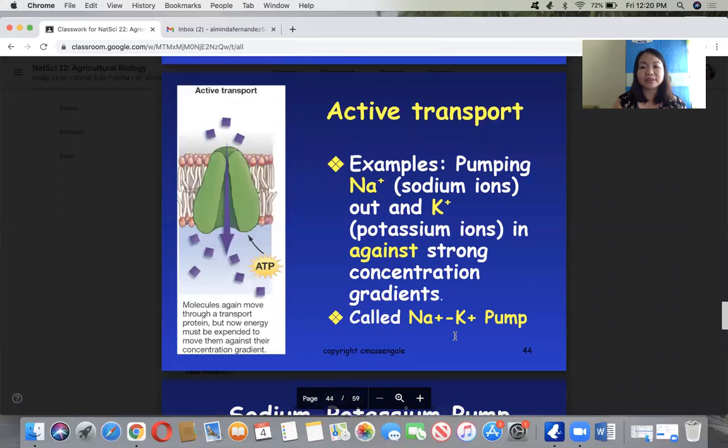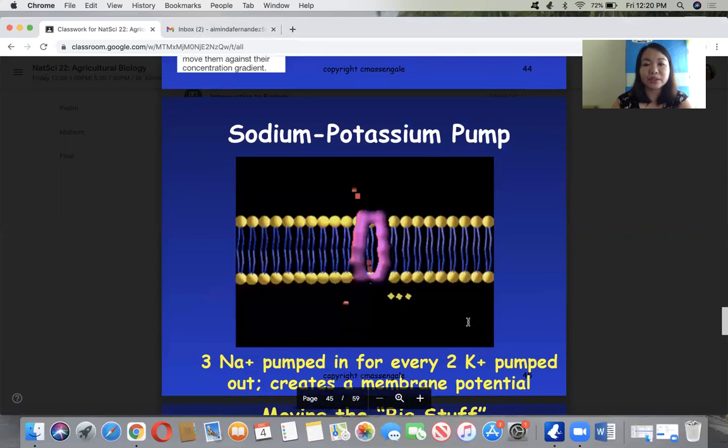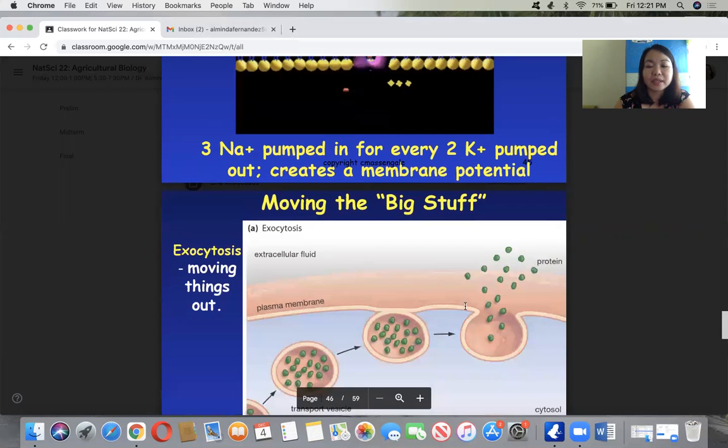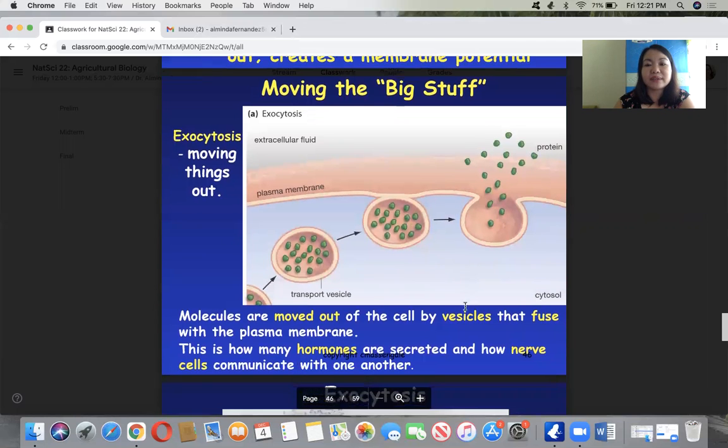An example of active transport is pumping sodium ions out and potassium ions in against strong concentration gradients, called the sodium-potassium pump. In this pump, 3 sodium ions are pumped out for every 2 potassium ions pumped in, which creates a membrane potential.